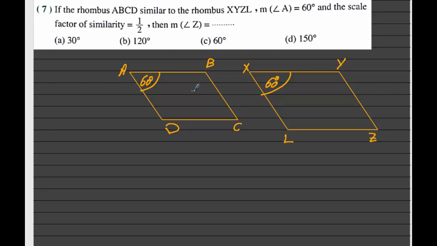So we have angle C equals 60, from the properties of the rhombus. The opposite angle is also equal to 60 degrees. Here X equals 60, so the opposite angle also equals 60 degrees. So measure of angle Z equals 60 degrees, and we choose letter C.